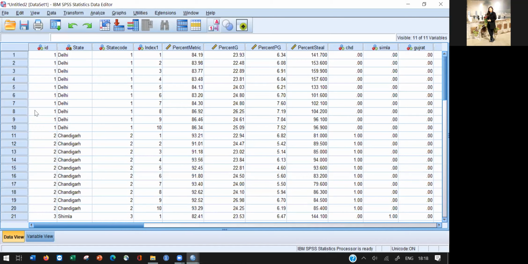And if I miss a variable, the error of omission may occur, or if I create an extra variable, like I create Chandigarh 2 times, then there would be additional variables which I do not require. That would also create a problem. So to deal with this, what we can do is analyze with the help of univariate analysis.